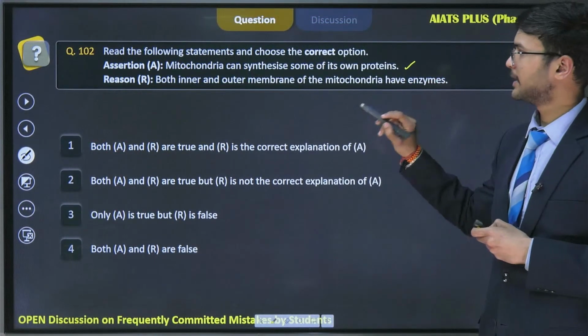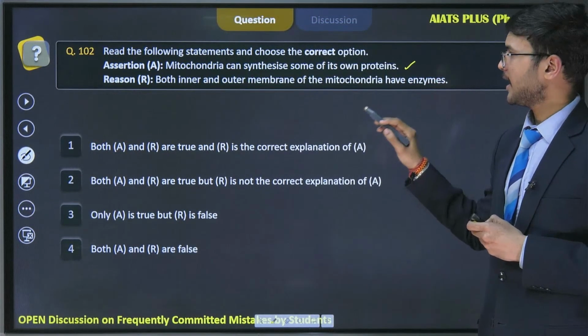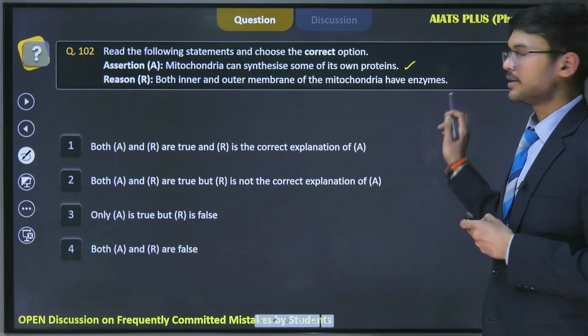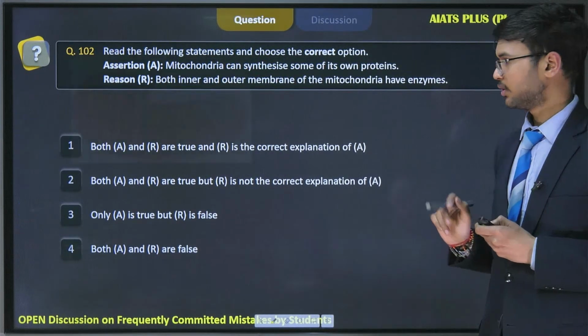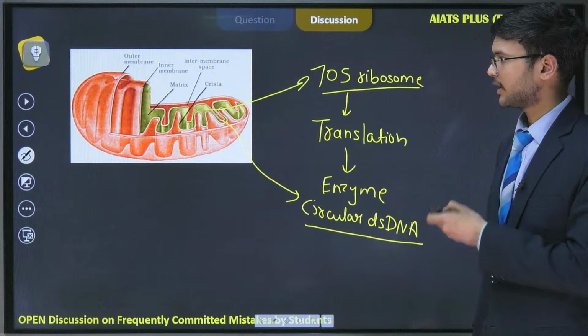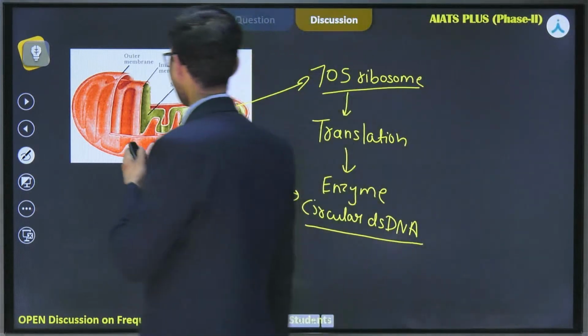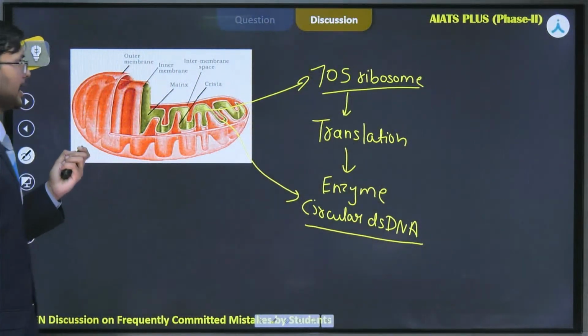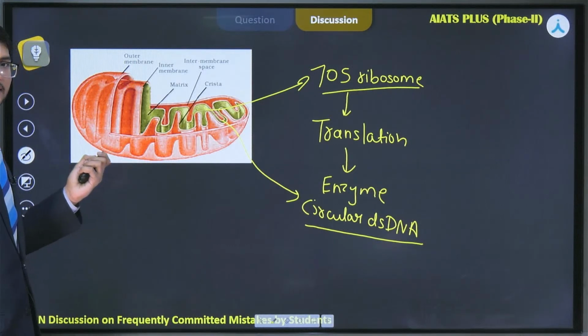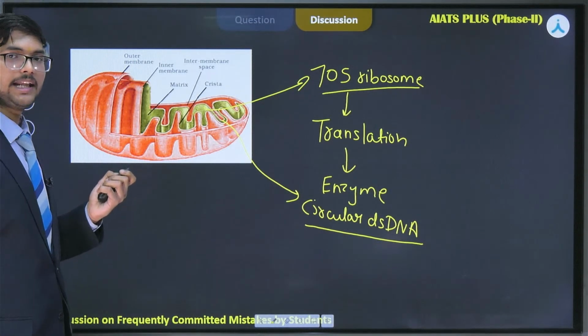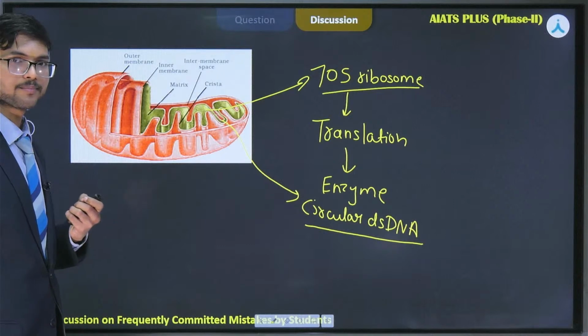Now the second statement says that both inner and outer membranes of the mitochondria have enzymes. If you see the organelle, you will find the outer membrane and inner membrane. Both membranes contain their own enzymes and they have their own different functions.